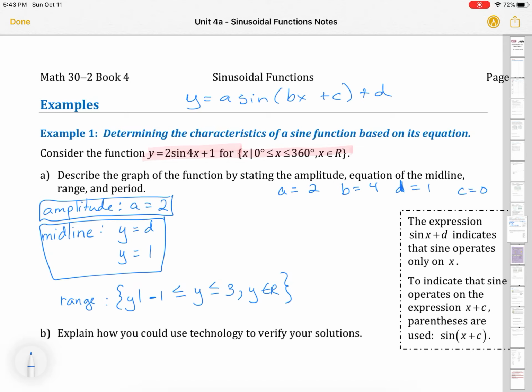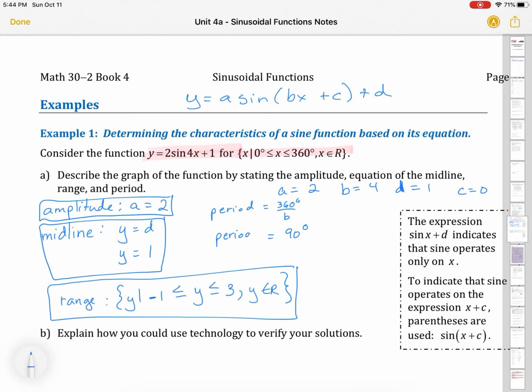That's just using the formula from the previous page. So that's the third thing we needed to find. And then we need the period. The period, looking at our previous formula, is going to be equal to 360 divided by b. So 360 divided by 4 equals 90 degrees.